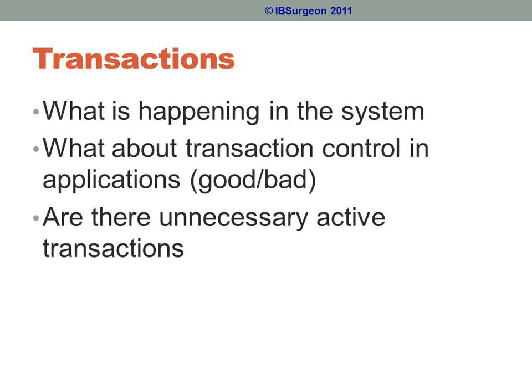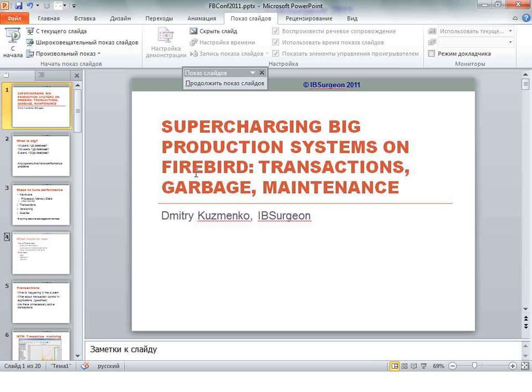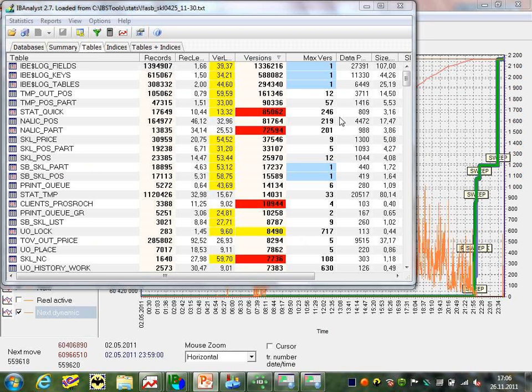By the way, simply using tools doesn't help much without explanation of what's going on. For example, we have a tool named IB Analyst. Really, this tool I wrote about maybe 7 years ago or more, because nobody wanted to write a tool like that.